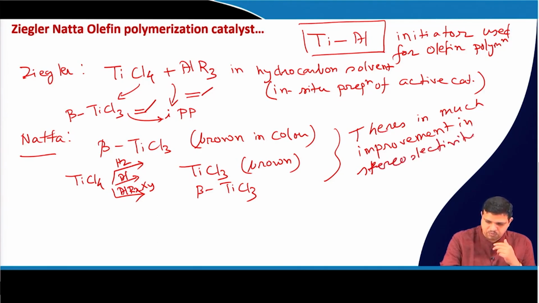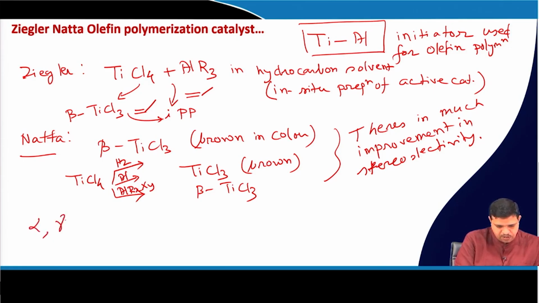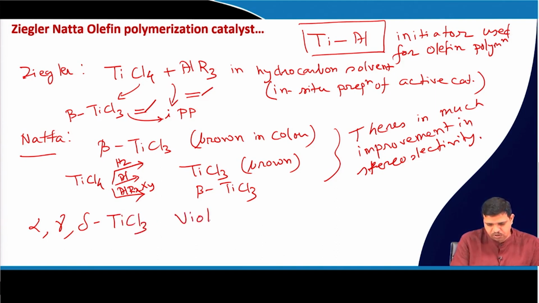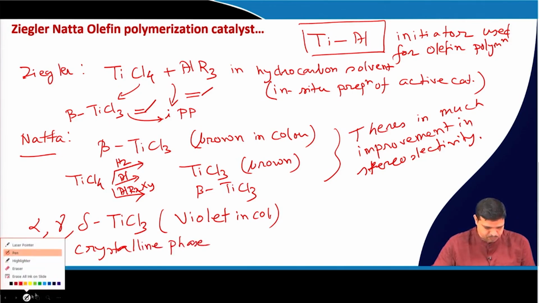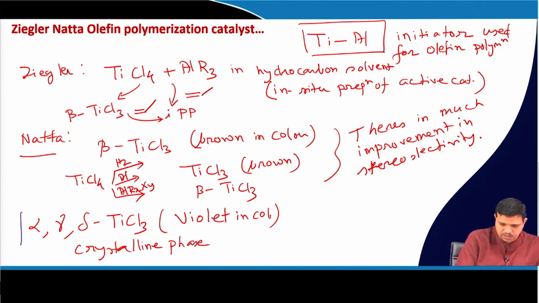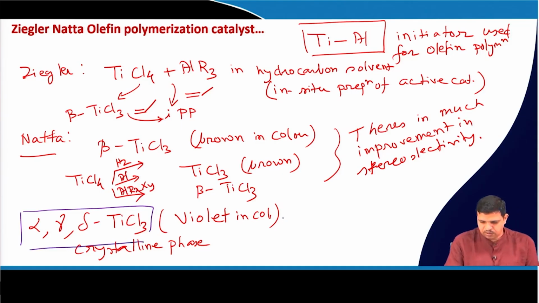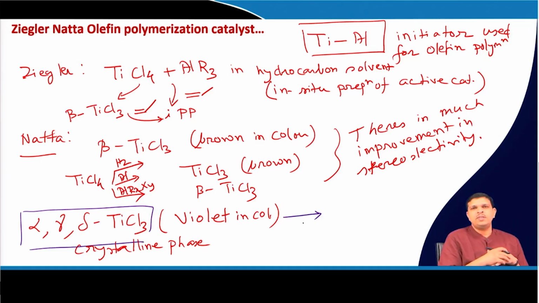But later it was realized that if you take the other forms, alpha, gamma, or delta TiCl3, which are violet in color, all the three forms are violet in color, okay, so these are the other crystalline phases, and a surprising result was observed.